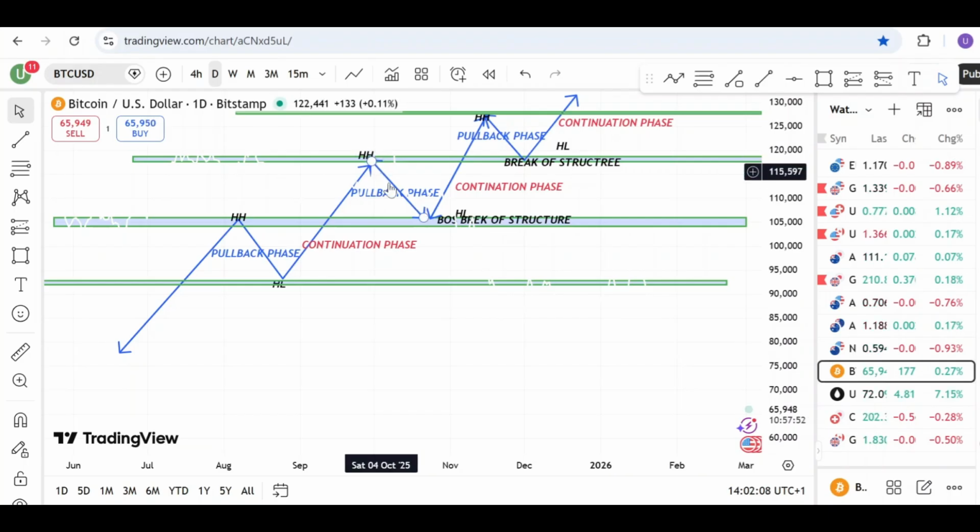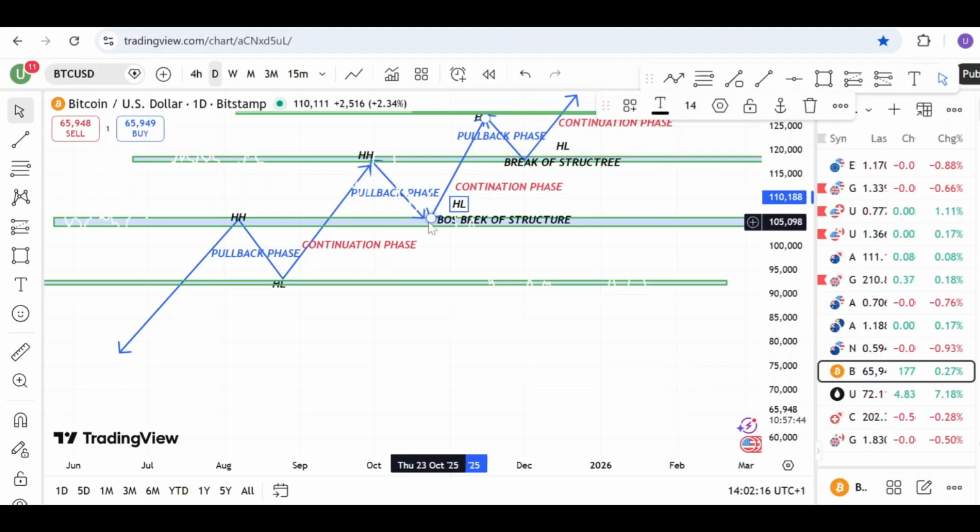Okay, and pulled back here to create another phase, another higher low, and then managed to break it again to continue in a continuation phase, to form what we call higher high, another higher low, and so on.